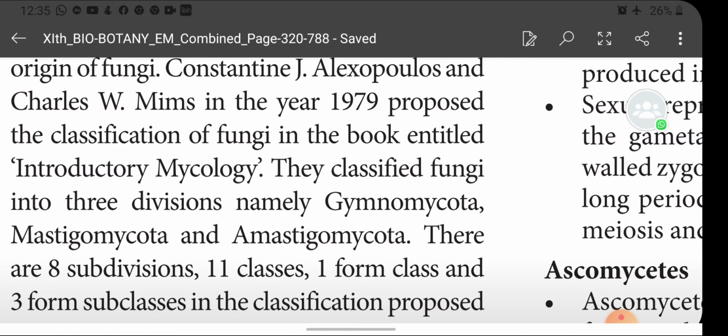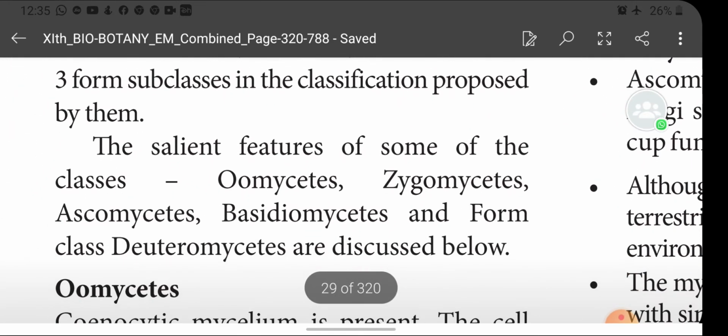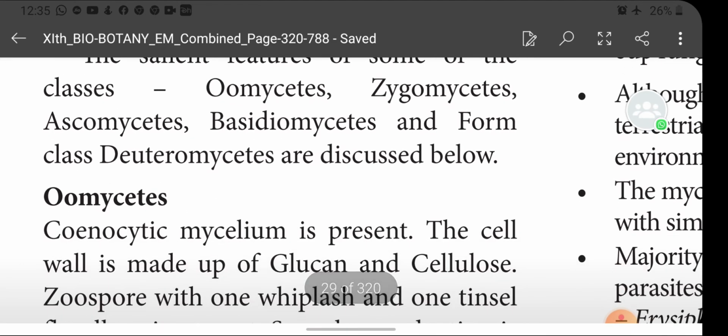There are 8 subdivisions, 11 classes, one form class and 3 form subclasses in the classification proposed by them. The salient features of some of the classes, oomycetes, zygomycetes, ascomycetes, basidiomycetes and form class deuteromycetes, are discussed below.